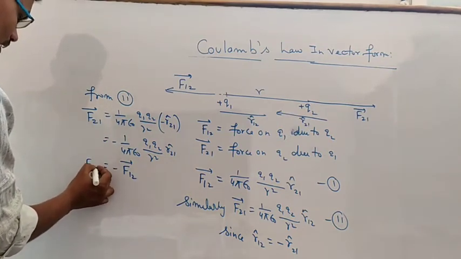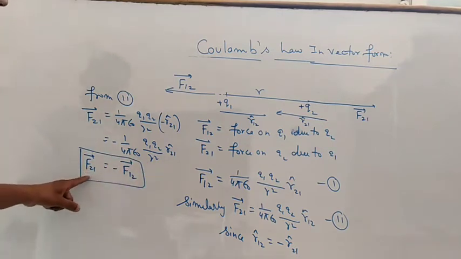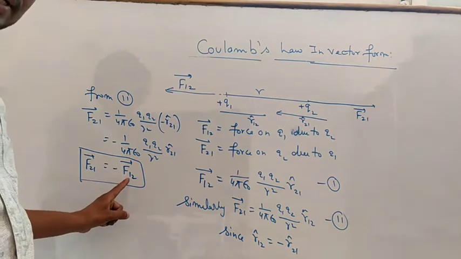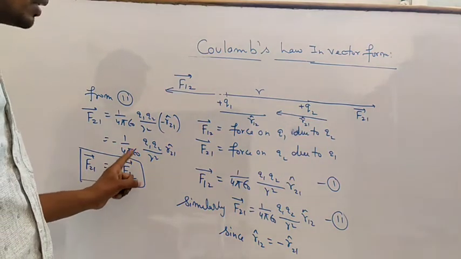So vector F21 is the minus of vector F12, meaning they are equal and opposite in nature.